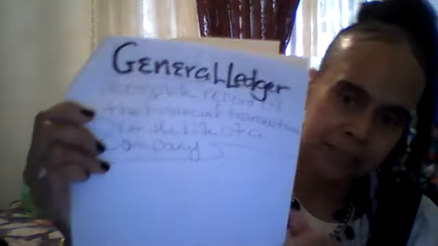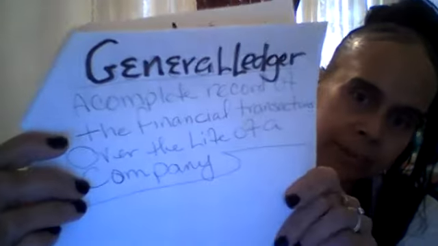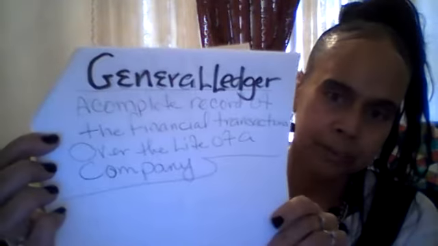Let's look at the definition of general ledger. It's a complete record of the financial transactions over the life of a company. So when I look at a general ledger, it's sort of like a chart of accounts, a chart of all accounts in your company.